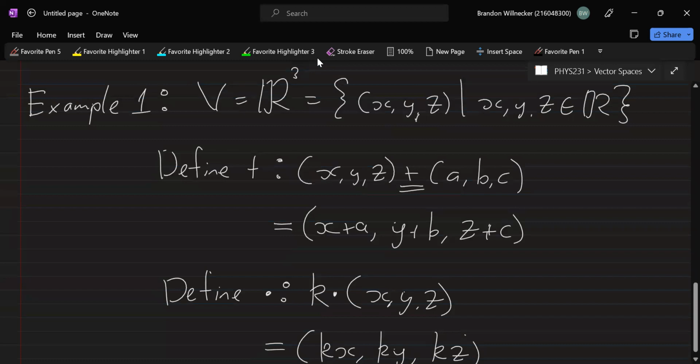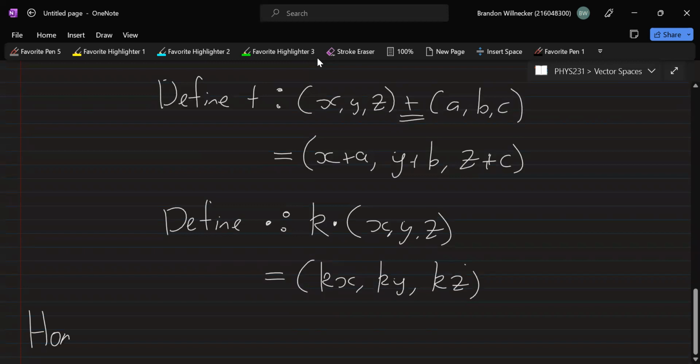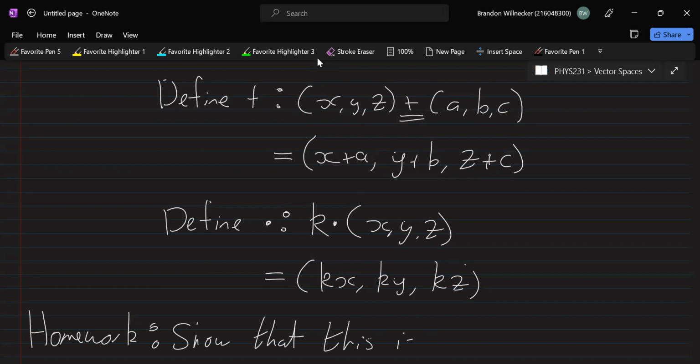This set V together with these 2 operations forms a vector space. Just as a little bit of homework: show that this is a vector space.